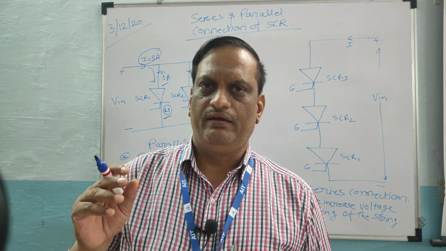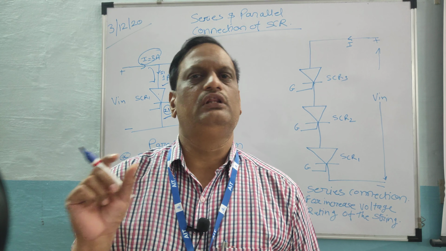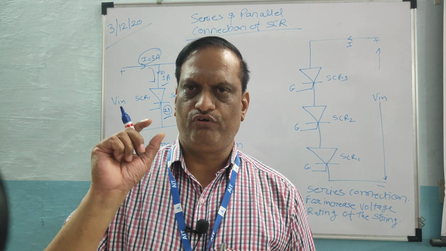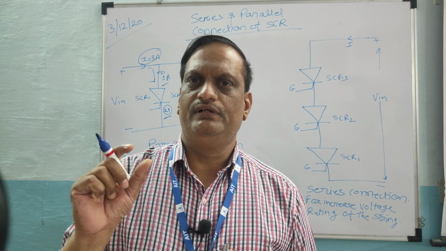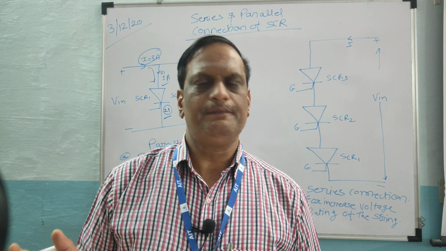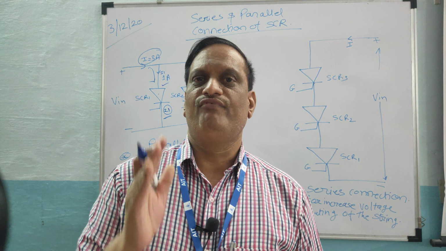But it is very difficult to find an exact match of all the devices. Though they are from the same manufacturer, the same make, and the same batch, there is still a slight difference between the breakover voltage of the devices for the same value of Ig.